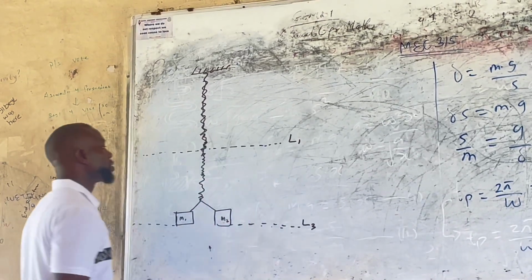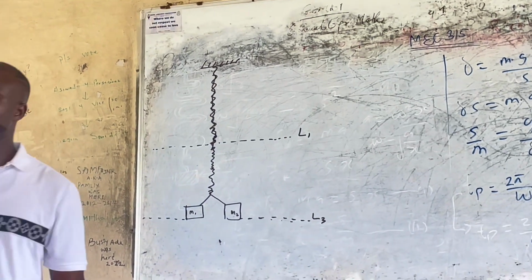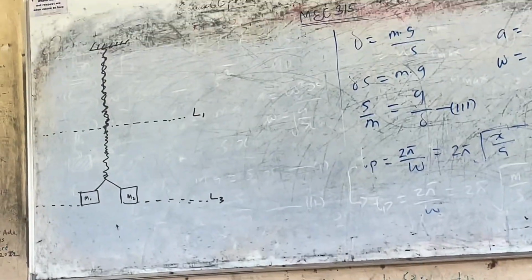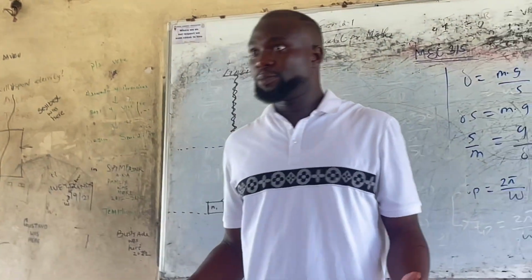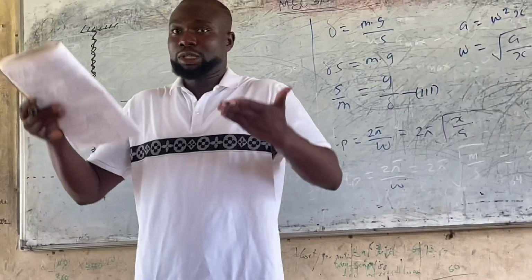Let's say this point is M3. So the question says, and this is where I want to interpret it, that the spring is suspended vertically and two equal masses of 4 kg each are attached to the lower end. When you attach two 4 kg masses, after a while, the system will balance. It will extend the spring, but it will not go up or down again.